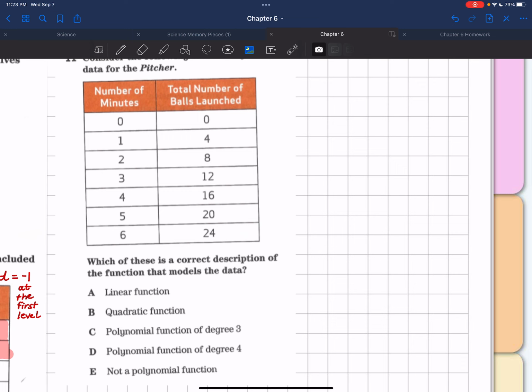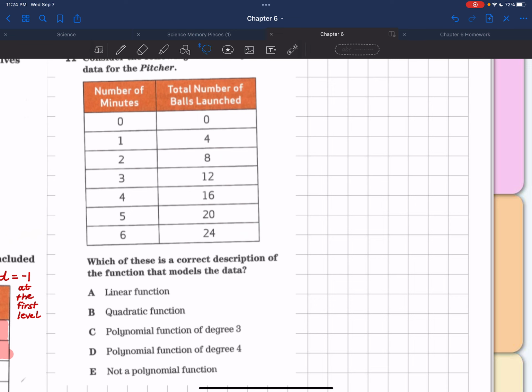Looking at my y's, I see that there are no duplicates. So I'm going to guess that this may be linear. It's not quadratic, most likely, because I don't see duplicates. I can't be sure, though, so I'm going to have to check to see which one it is.